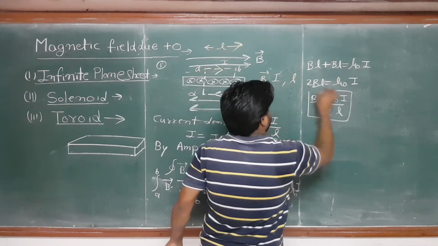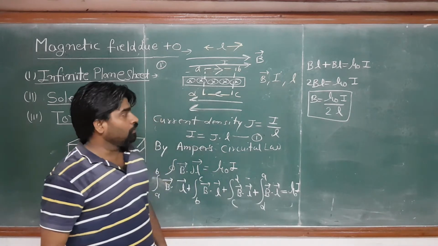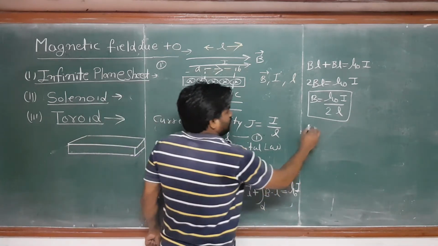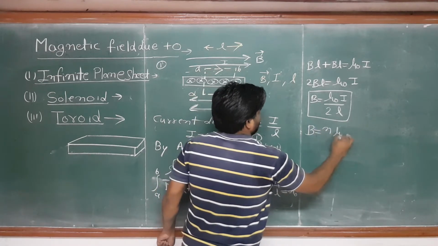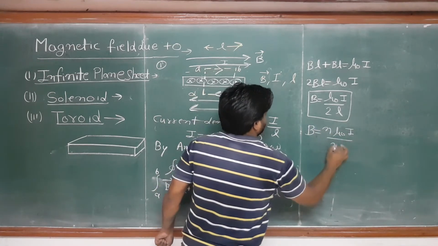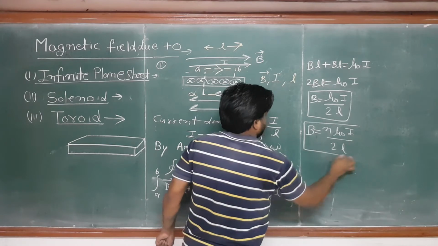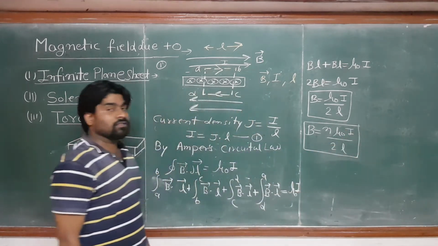This is the magnetic field due to the plane sheet. And if the number of turns is n, then it is mu naught I by 2n. Please note it down.